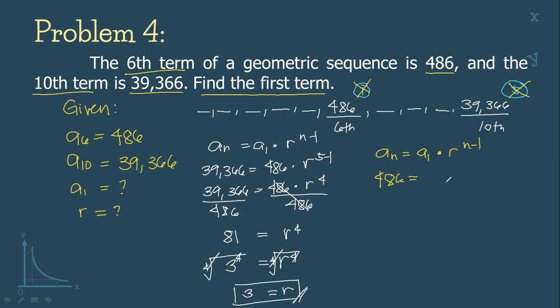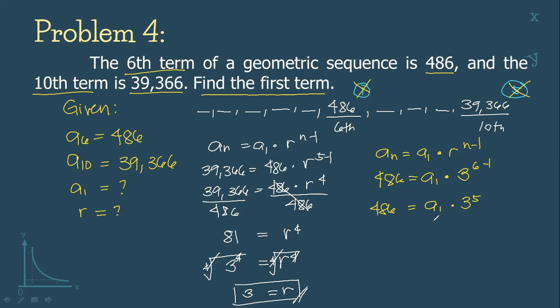This is equal with the first term, hindi pa natin alam, siya po pinapahanap, but we do know the common ratio this time. So that is 3 raised to pang ilan po? Si 486, that is 6 minus 1. So actually, that is equal to 5. So 3 raised to 5 tayo multiplied by the first term is equal to 486.